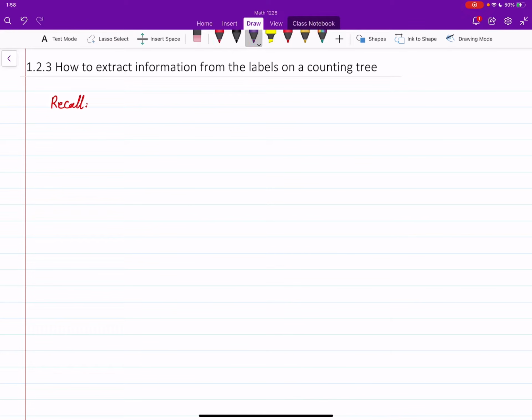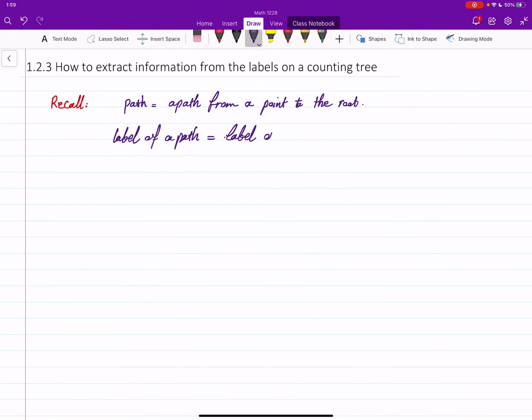recall is that, first of all, when we say a path, specifically in this video, we mean a path from a point to the root. And the label of the path means the label of the last branch on the path.